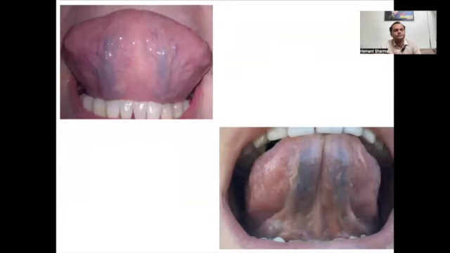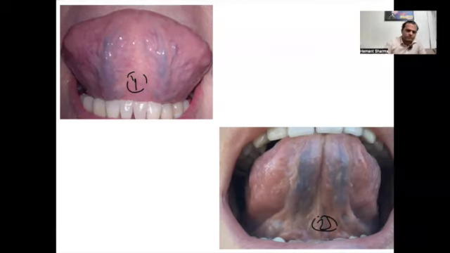Now tell me, person number 1 or person number 2, who is having more blood stasis? We can see the sublingual vein in both. The first person has sublingual vein, even crooked vein, multiple veins.